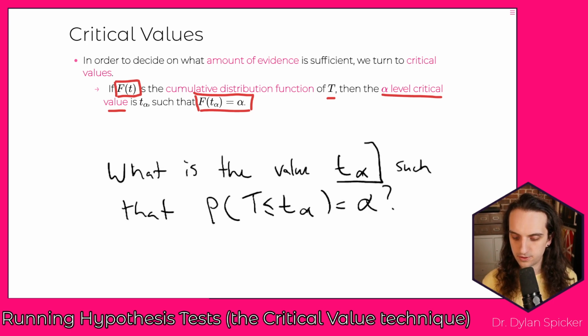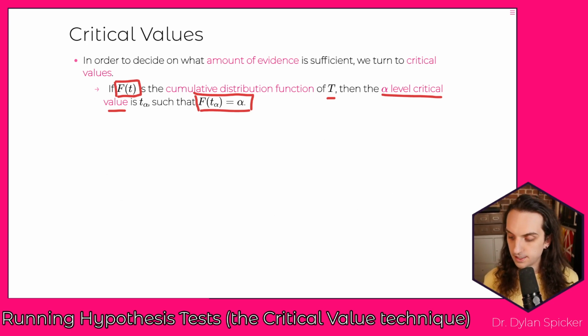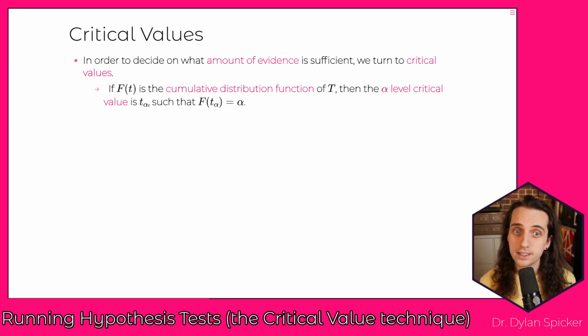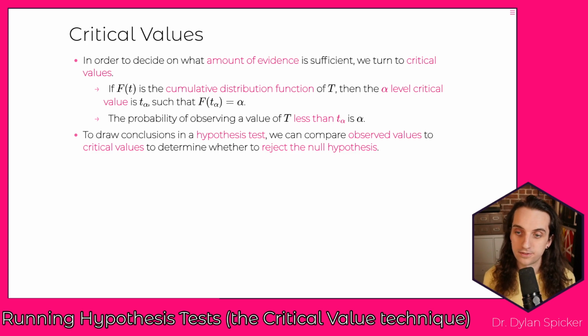And whatever this value for T_alpha is, we call that the alpha level critical value. It's a value that's coming from the cumulative distribution function, and it's a value that we could find in theory for any distribution, though typically we're going to be using computers to work them out, right? And so interpreting this, the probability of observing T less than T_alpha is exactly equal to alpha. That's how the critical value is going to be defined.